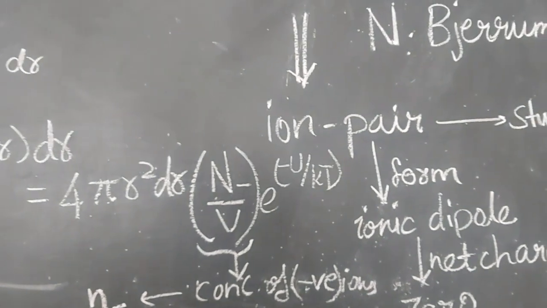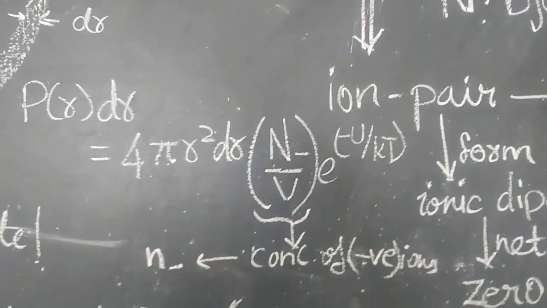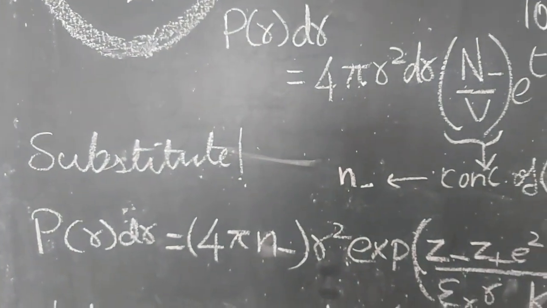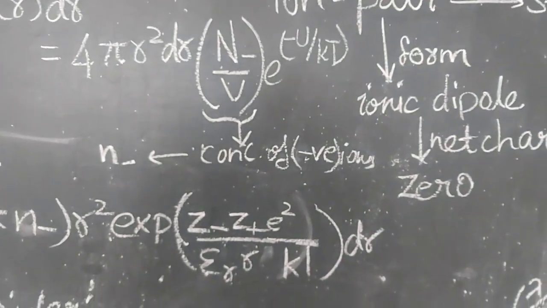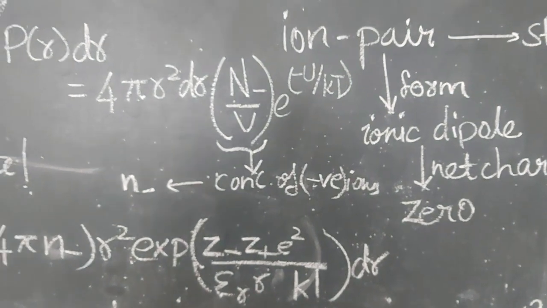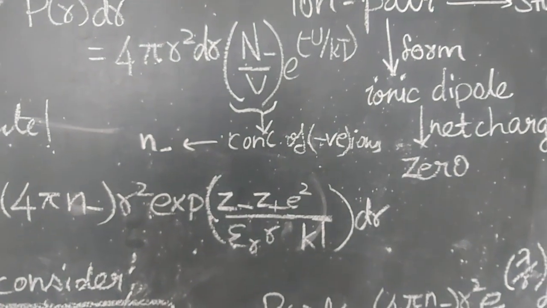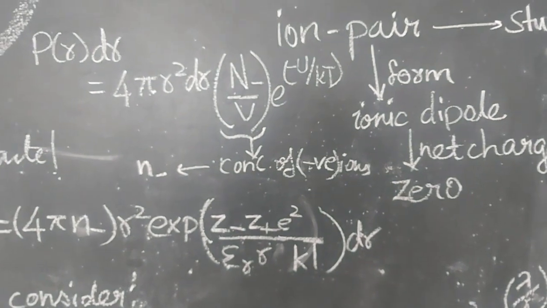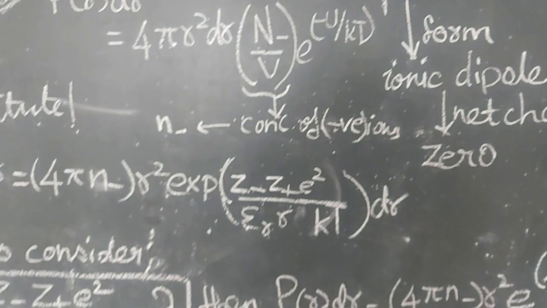Then we know n by v and u, so we can substitute these in the equation, and we get the probability of r into dr, which is 4 pi n minus into r square exponential of z minus z plus e square by epsilon r into r kT, where k is the Boltzmann constant, kB, into dr.